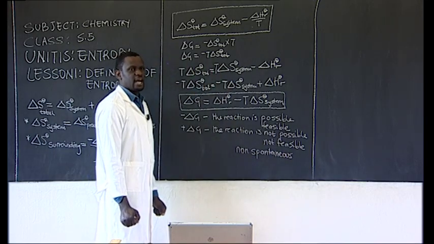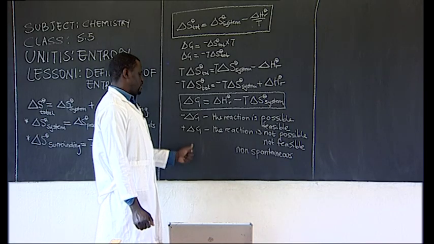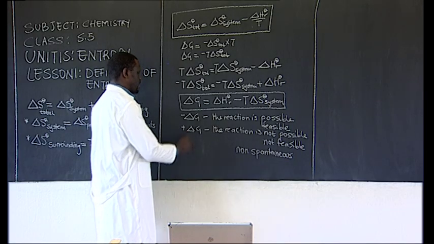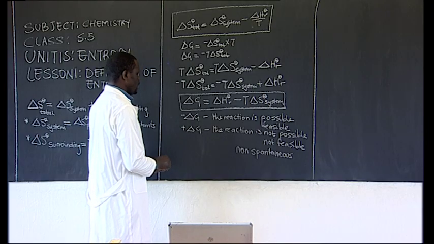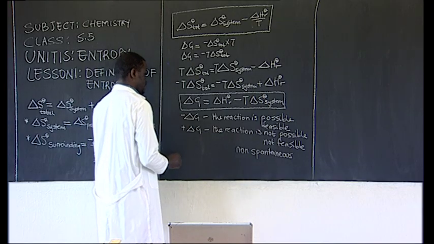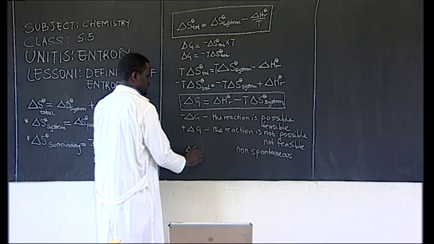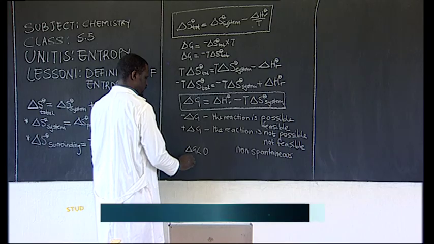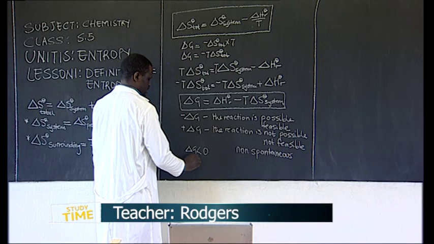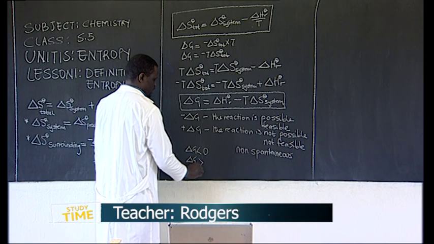So we are saying here, if this is negative, it means delta G is less than 0. If it is positive, it means delta G is greater than 0.